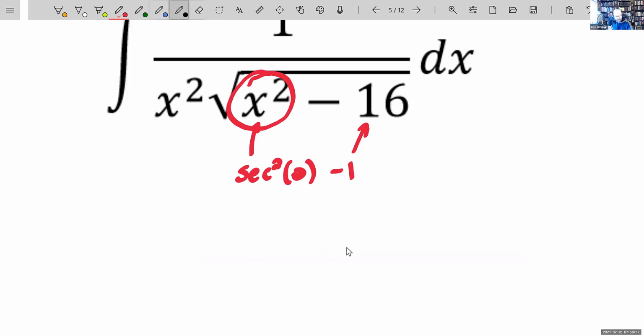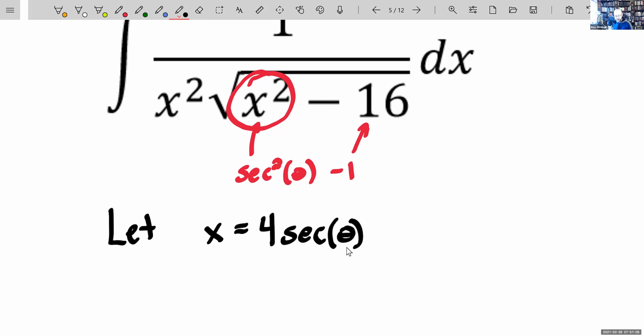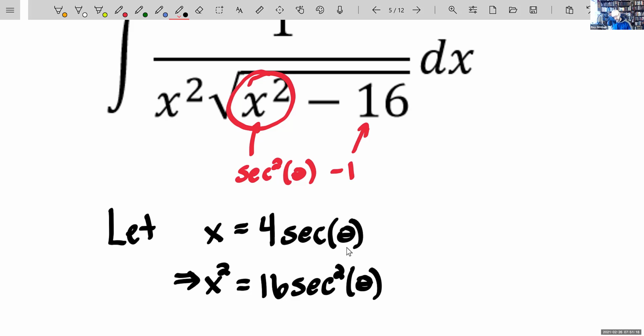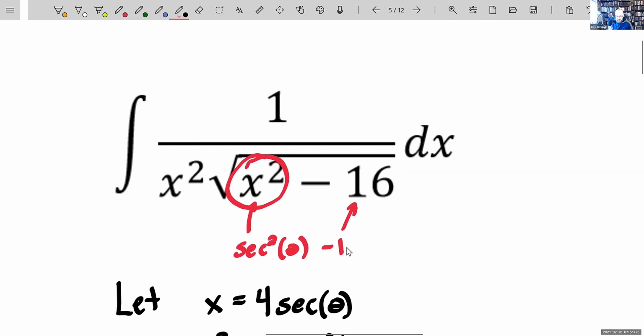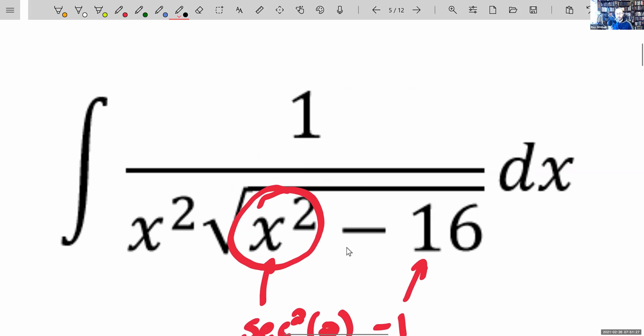So we're going to let x equal 4 secant of theta. If you let x equal 4 secant of theta, then x squared is going to be a 16 secant squared of theta. And whenever you do a substitution in Calc 2, you are changing the variable of integration.